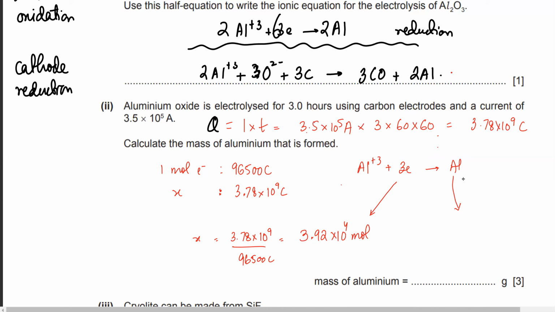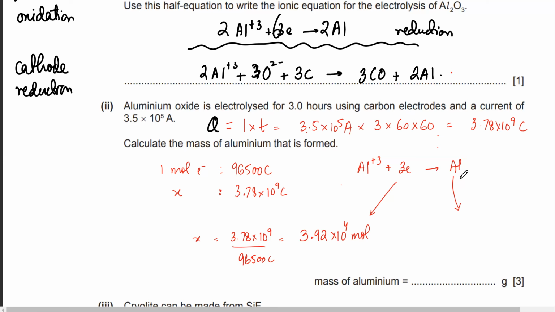Can't we use the formula moles equal to mass over Mr, and multiply the moles with Mr to get the mass of aluminium? But the problem is these are not the moles of aluminium. These are the moles of the electrons that are flowing for 3 hours through the circuit. So first you have to find the moles of aluminium, so you divide by 3.